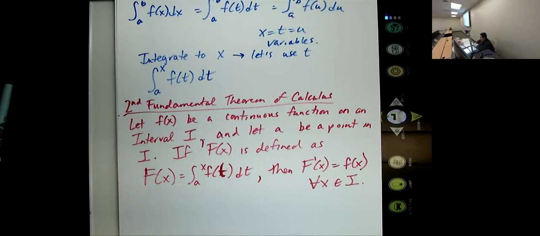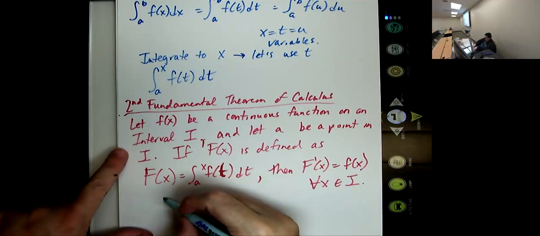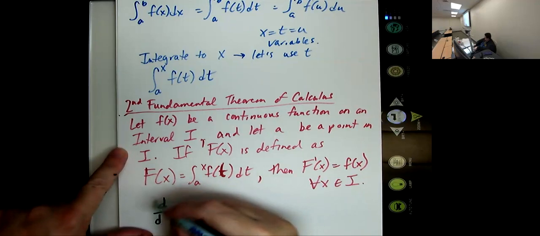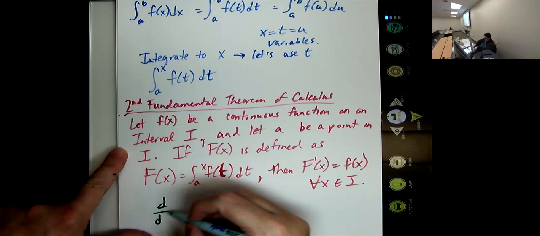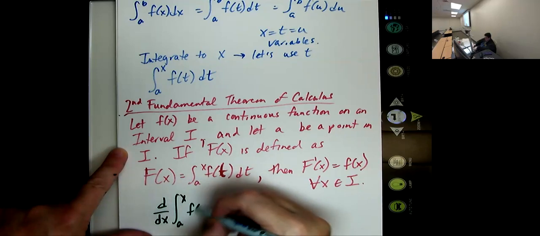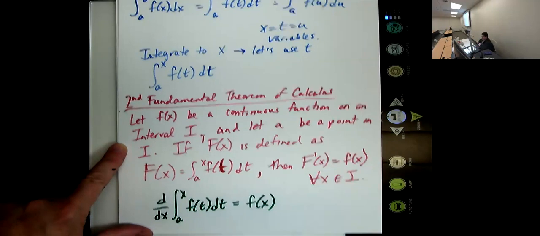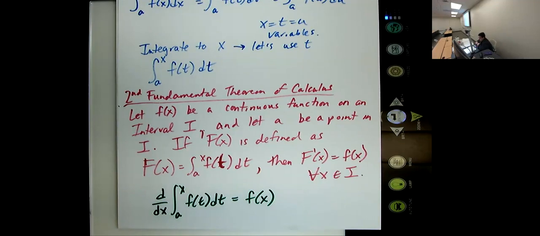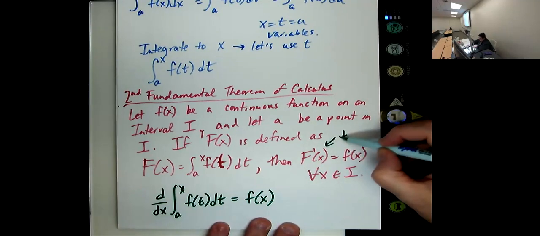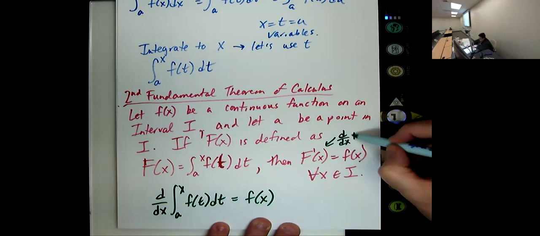That is a very, very, very confusing way to illustrate this. Because this means d dx of F of x.